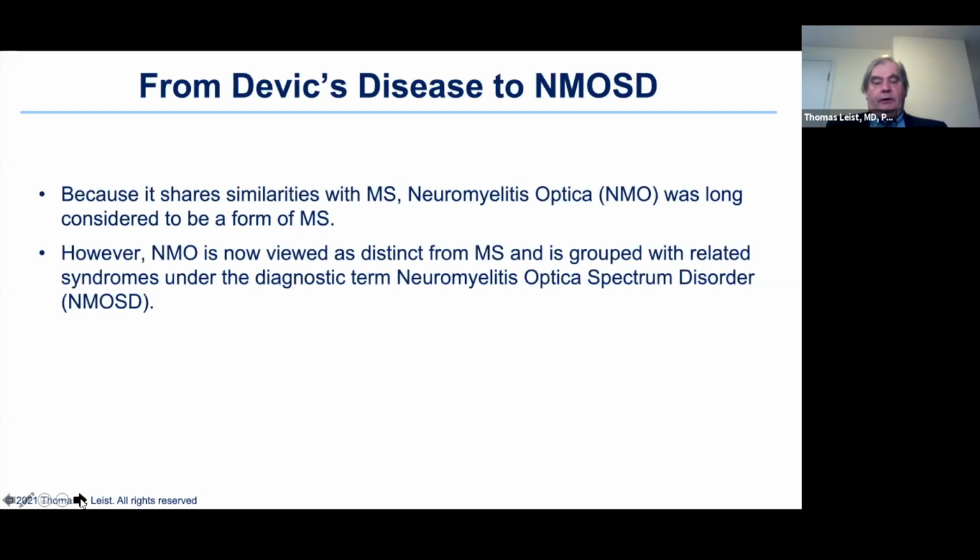It's now clear that neuromyelitis optica and neuromyelitis optica spectrum disorders are their own category of conditions. And I will, as we go along, hopefully to your satisfaction, explain how we come from NMO, neuromyelitis optica, to NMOSD, neuromyelitis optica spectrum disorder.